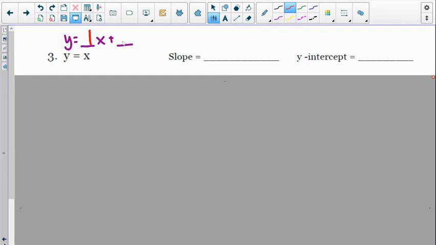Because think about what number I can add to x to keep it x. In other words, what do I add to something to not change it? It has to be the number 0, because anything plus 0 is itself. So in this case, the slope is just 1, or for graphing purposes, we can call it 1 over 1, and the y-intercept is at 0.